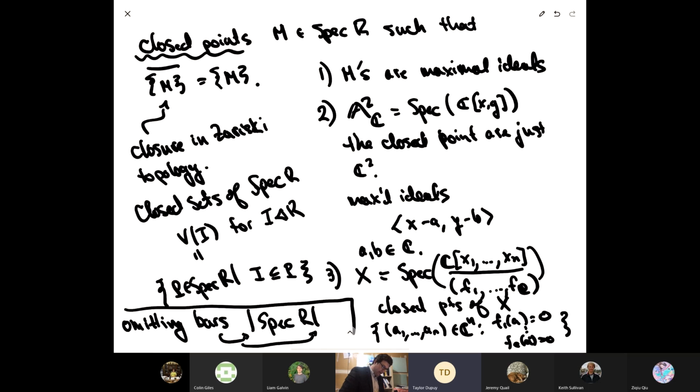So the closed points of these schemes look like the old-fashioned solutions of polynomial equations. The way we do drawings is that we usually draw just closed points.